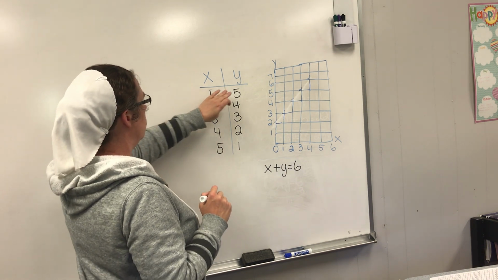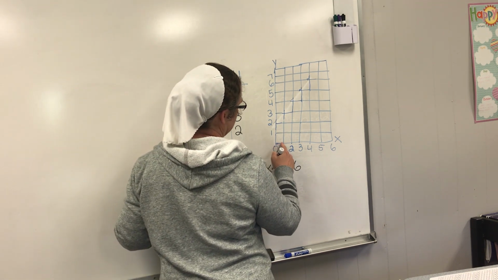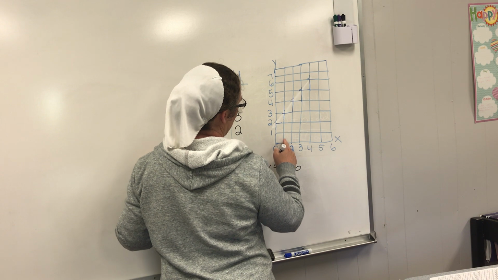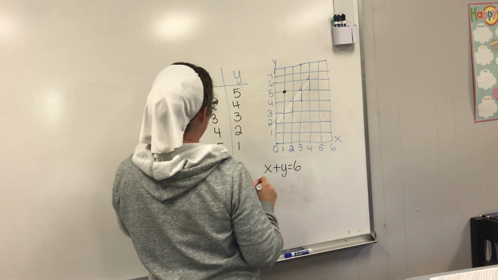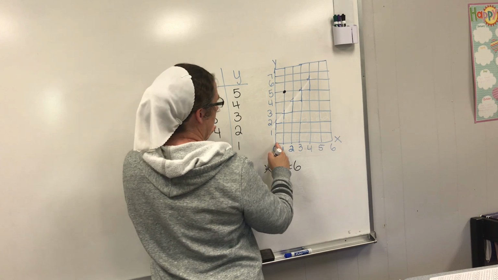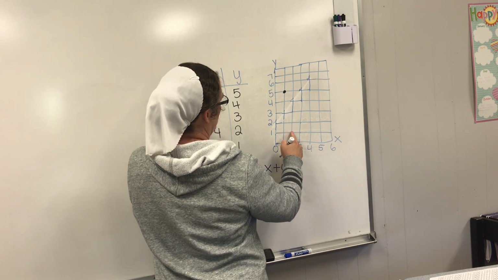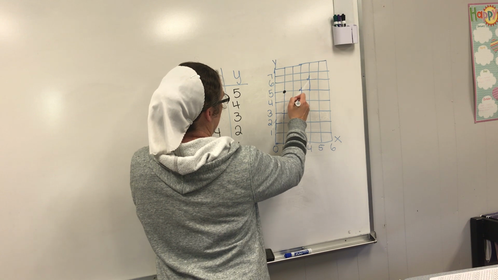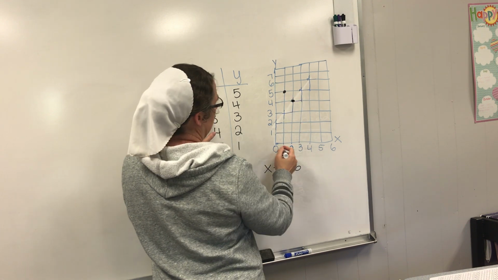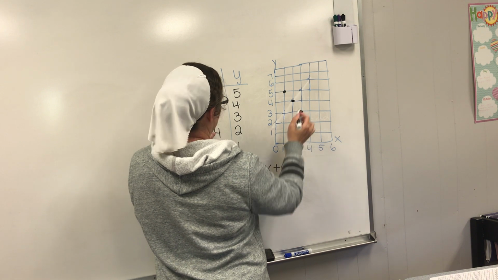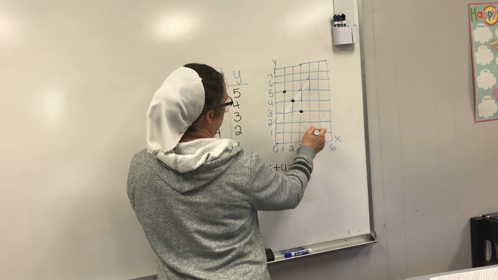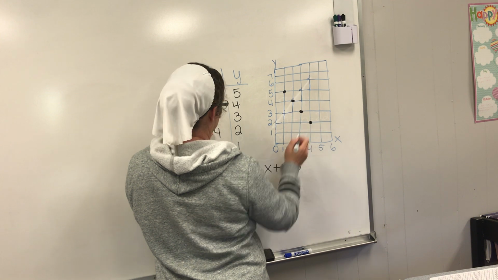All right, so this is our table of values. X is 1, y is 5. So we're going to go x is 1, y is 5. 1, 2, 3, 4, 5, and put a dot. X is 2, y is 4. 1, 2, 3, 4, put a dot. X is 3, y is 3. X is 4, y is 2.